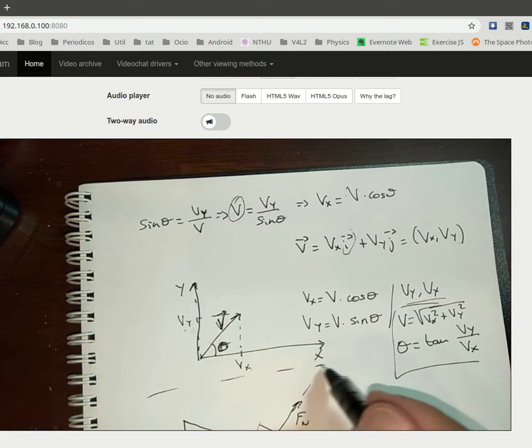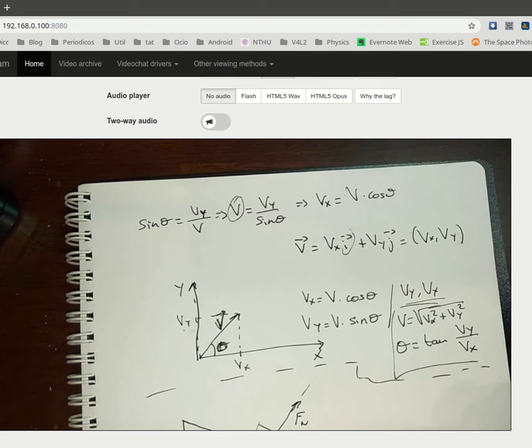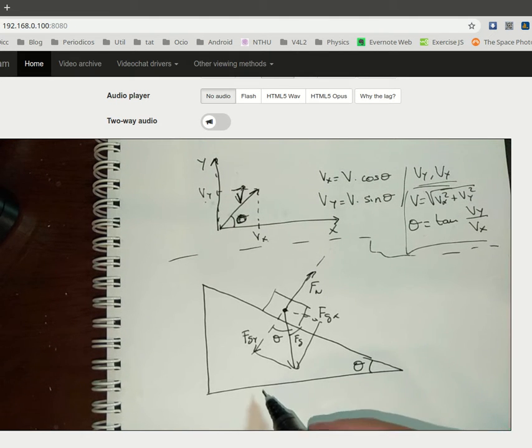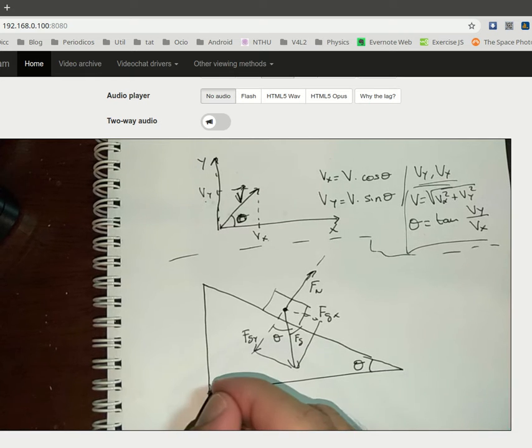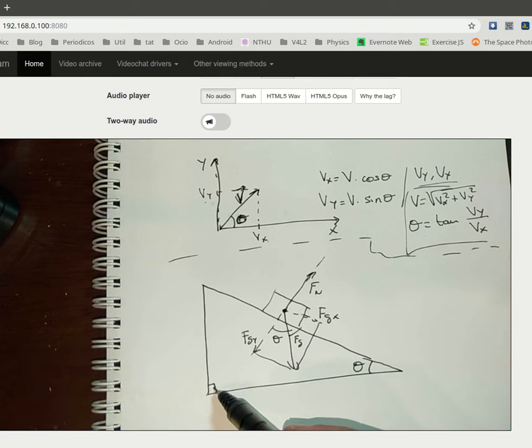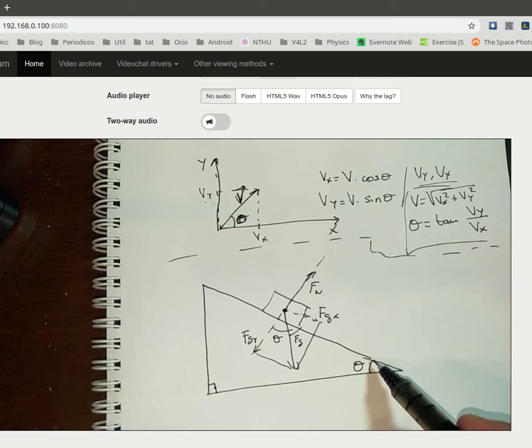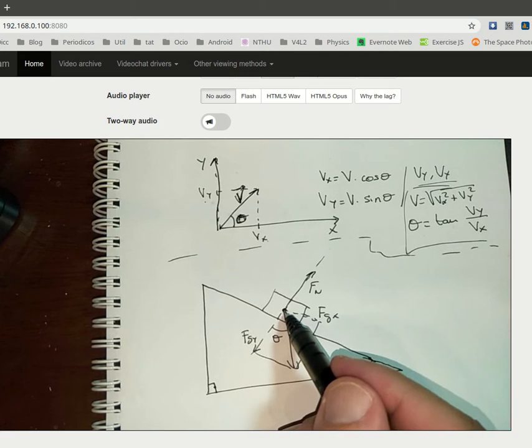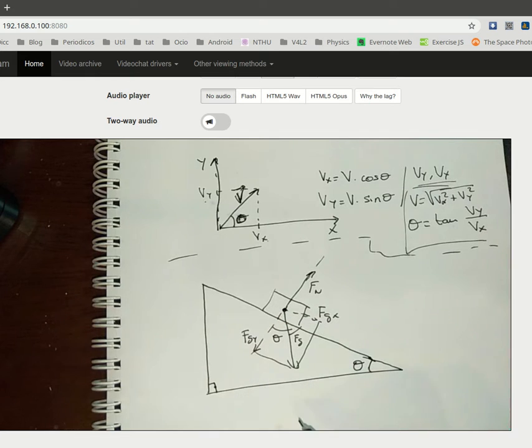So you're going to do exercises about this, and this has to be clear. Now, another place where we use a lot of this trigonometry is with inclines. In the incline you have the 90 degrees, and we have the incline with an angle. We always say that we have the gravity acting here.